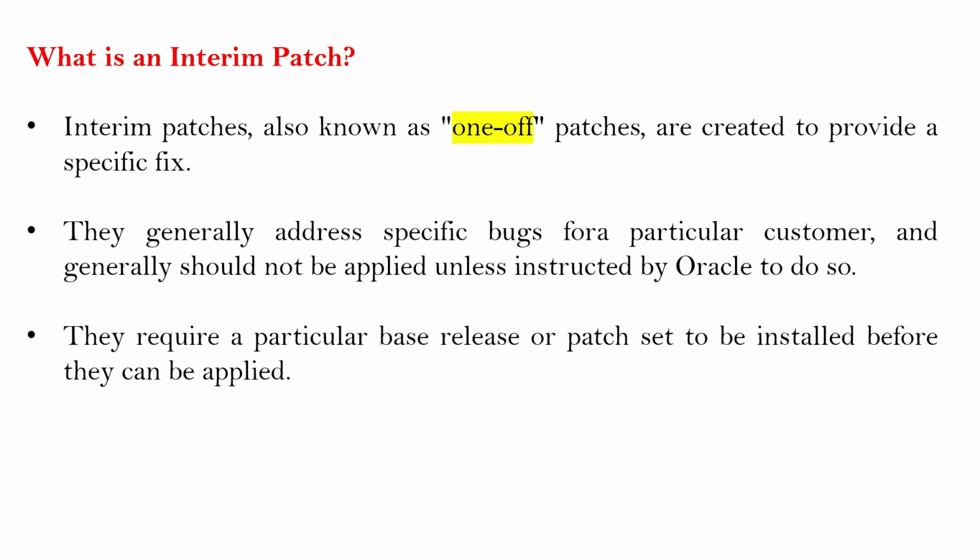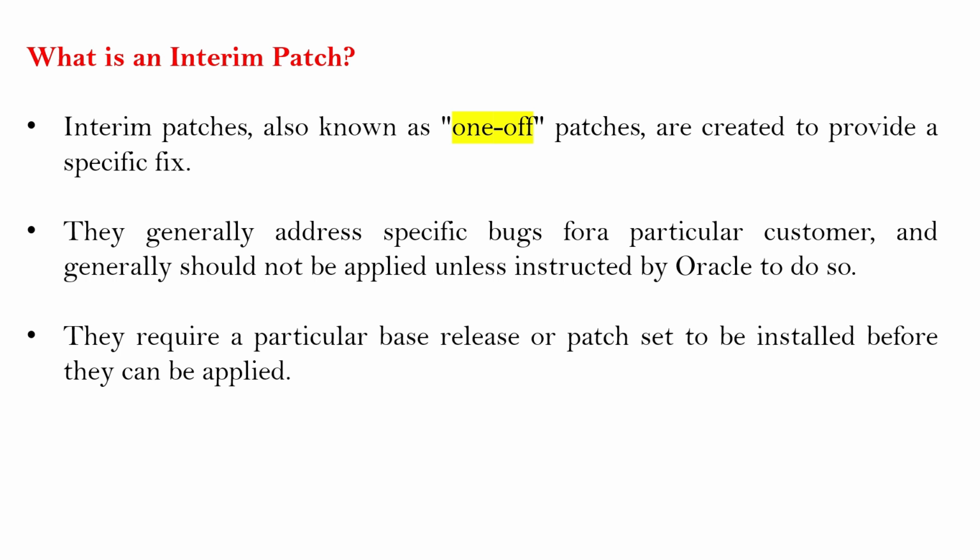Now, this patch could be generic. That means this patch may be applicable for all the customers who are using the JMS services. Today they may not be using that particular functionality which has been impacted, where we applied the bug patch, right? But maybe in future they are going to use that, or maybe some other customer who is going to buy WebLogic from Oracle may use that functionality.